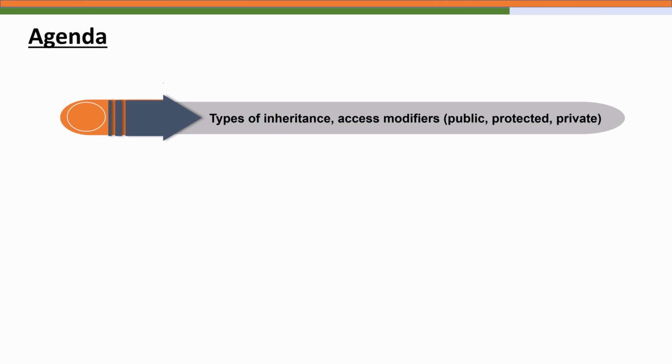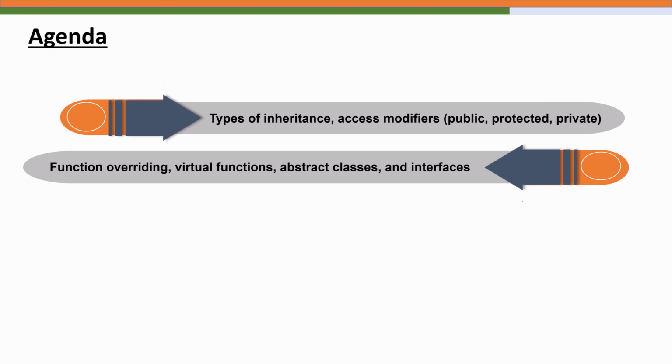So in this session, we will explore the following major topics step by step. We will begin understanding how one class can inherit properties and behaviors from another. We will see different types of inheritance, including single, multiple, multi-level, hierarchical, and hybrid inheritance. Then we will see access modifiers, that are public, protected, and private inheritance modes.